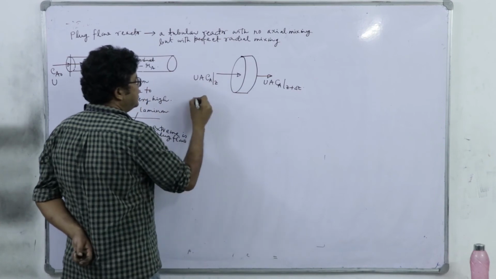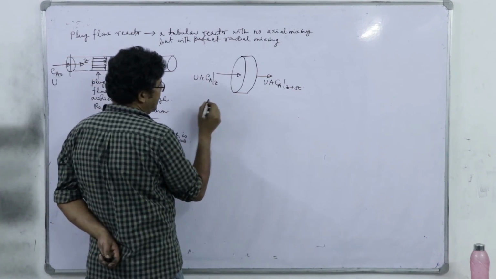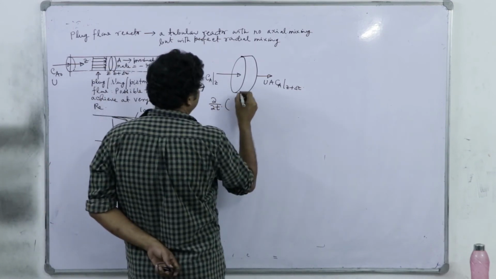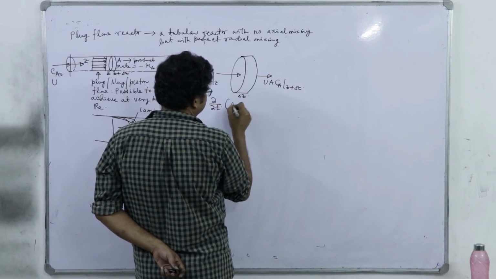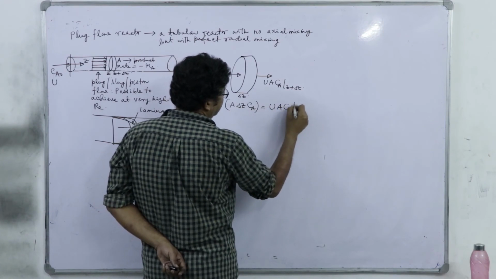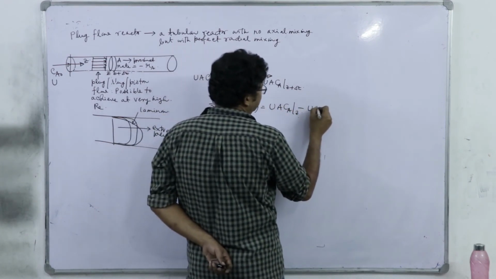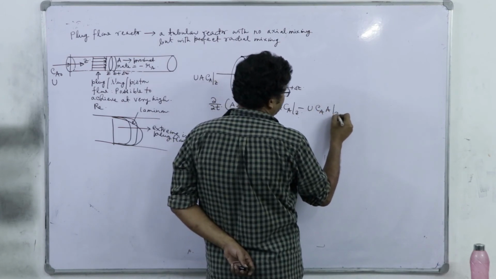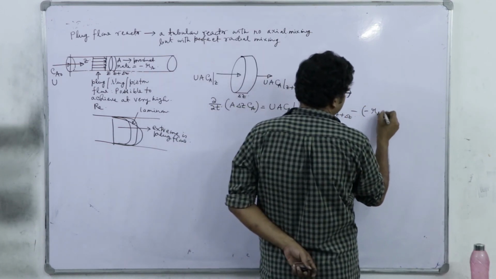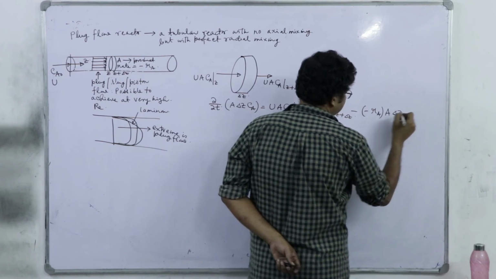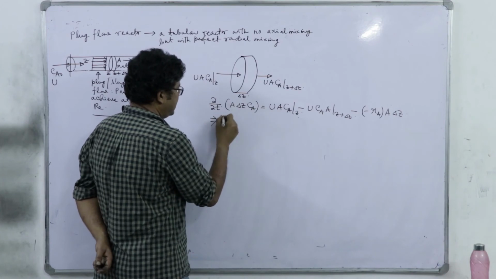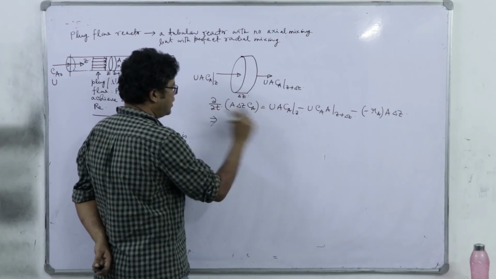So if we write the unsteady state model, the rate of accumulation, that is del by del t of the integral, with a thickness of delta Z, A into delta Z into Ca, equals U into A into Ca at Z minus U into A into Ca at Z plus delta Z, then minus the reaction, minus of minus Ra into dV, where dV is A into delta Z. Again A into delta Z we take out and cross multiply.